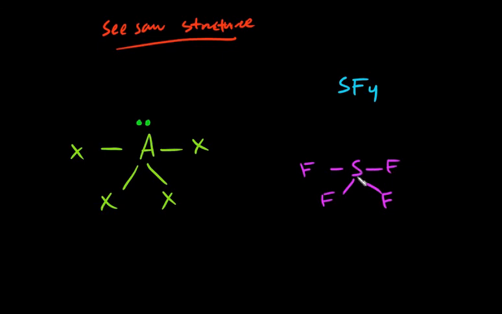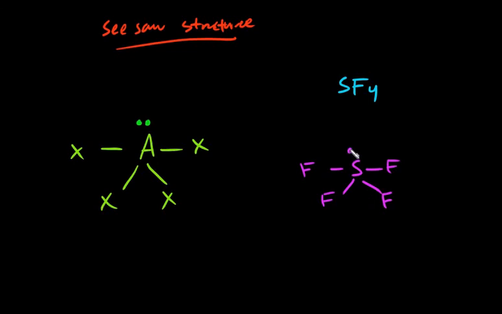As we know, sulfur has 6 valence electrons. What it will be left with is one lone pair, which contains 2 electrons, of course.